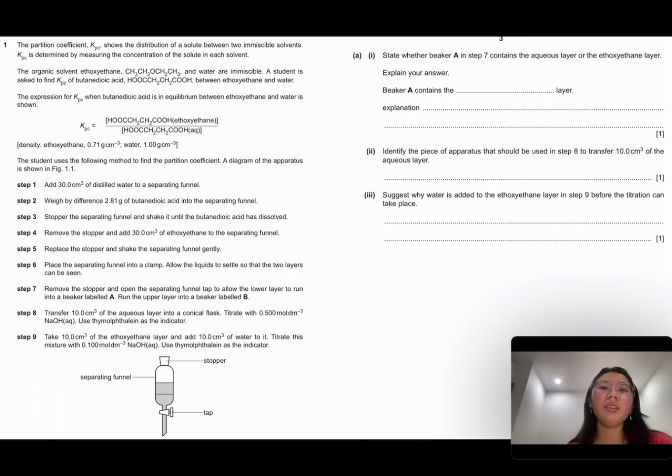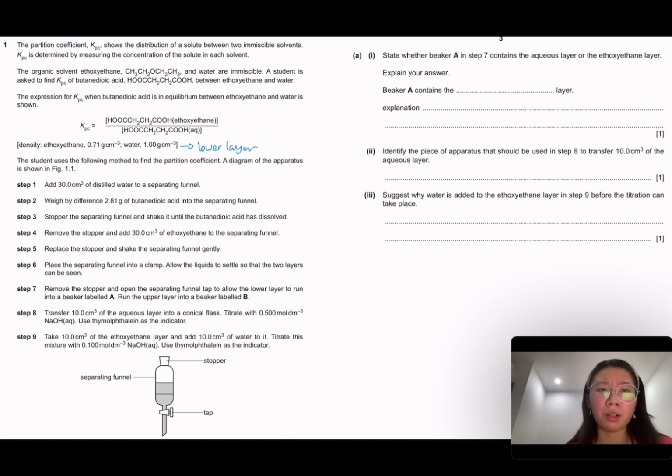Alright, okay, step 1. Add 30 centimeter cube of distilled water into a separating funnel. Step 2. Weigh by difference 2.81 grams of butadenoic acid into the separating funnel. Step 3. Stopper the separating funnel and shake it until the butadenoic acid has dissolved. Step 4.